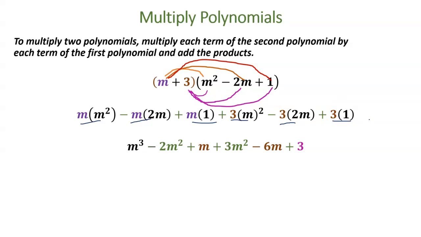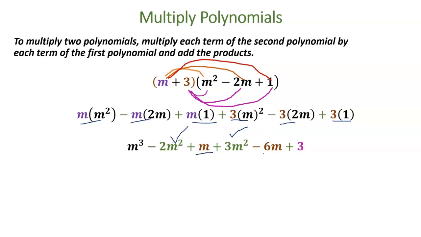Now in this case, I have to go further because I do see like terms. If you can see, negative 2m squared and positive 3m squared are like. So when you combine, you get 1m squared, which is the same thing as m squared. When you combine, you leave the variable as is.